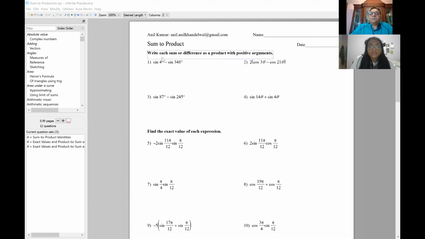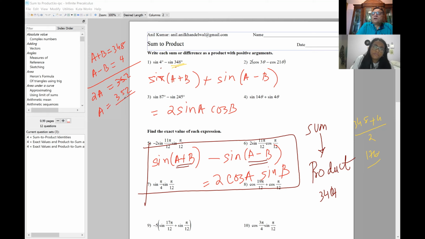So A is 352 divided by 2, which is 176. And B should be 348 minus 176. How much do you get? 172. So the two numbers A and B are 176 and 172, correct?